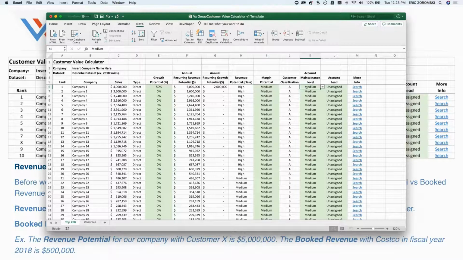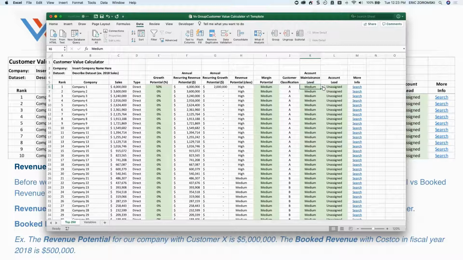We also consider account maintenance level, as in, are they easy to work with, or are they a real pain in the butt? We capture that because as we go through this process, there's the potential that we're going to be reassigning accounts to different sales representatives.